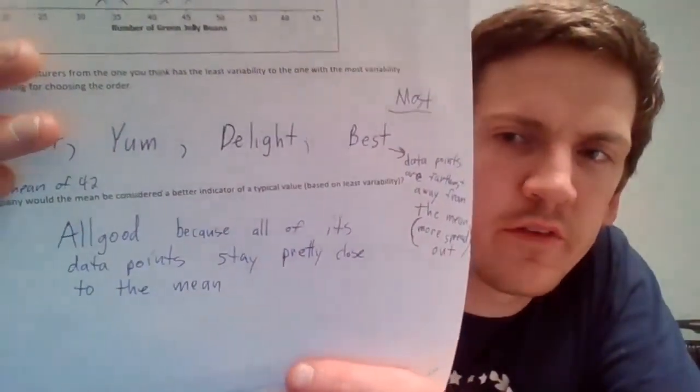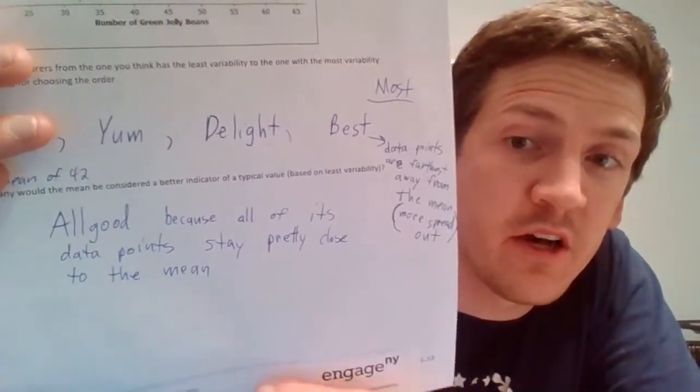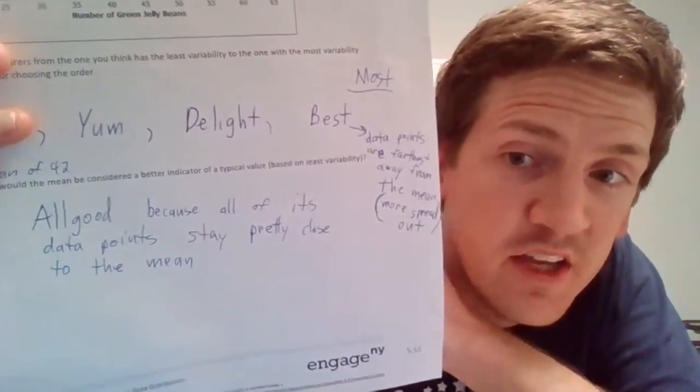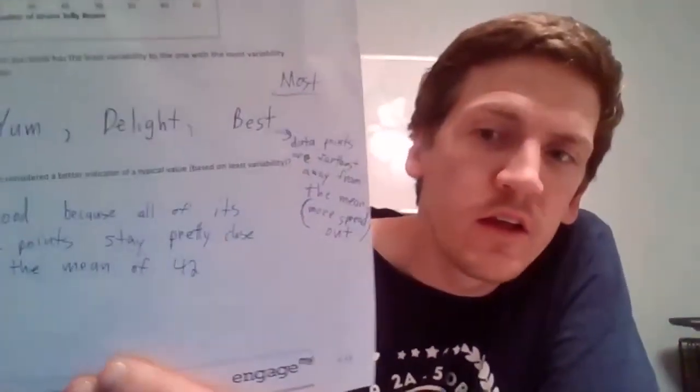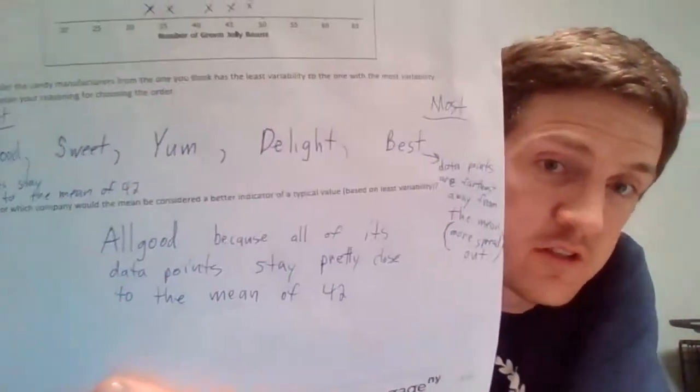And that's a pretty good way to explain that. So all good works best with the mean because all of its data points stay pretty close to the mean. And I'll go ahead again and add the word of 42. And that's really all there is to say about this one.